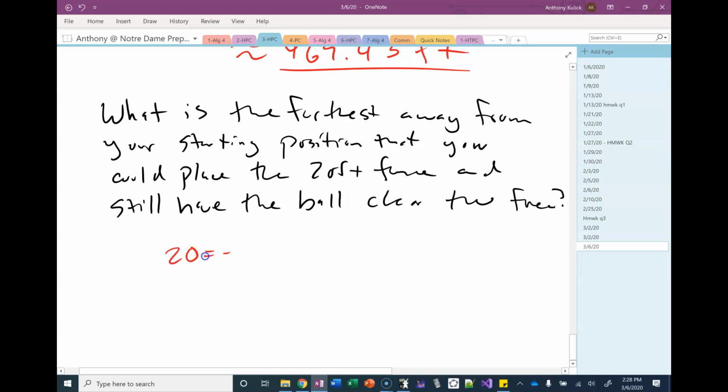Yes, exactly right. Okay? So, yes, this is a quadratic. To solve a quadratic, it must equal 0.